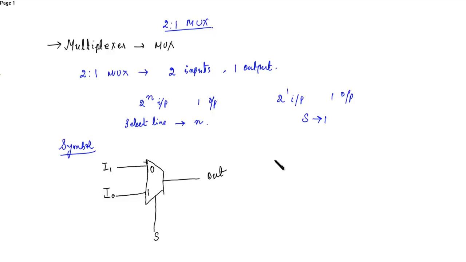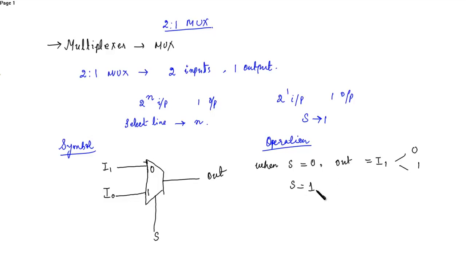then the operation of a 2:1 mux states that when the select line S is equal to 0, then my output will be I1, whatever the value of I1 will be, maybe 0 or maybe 1.